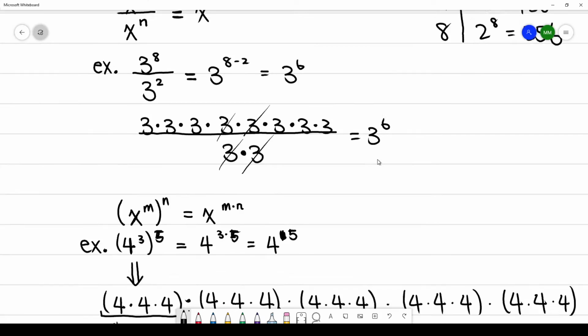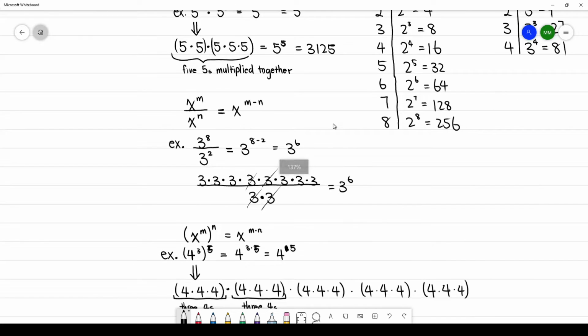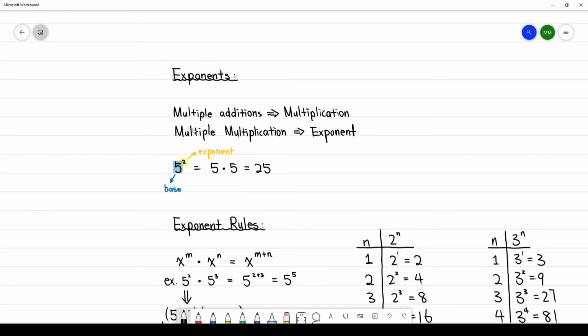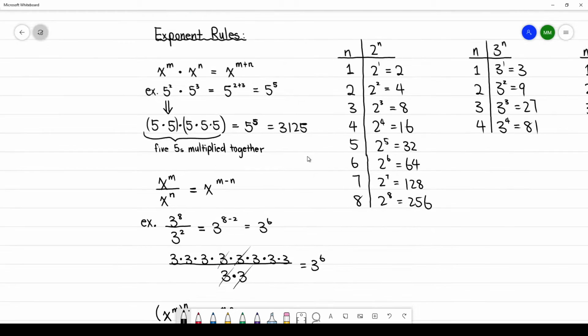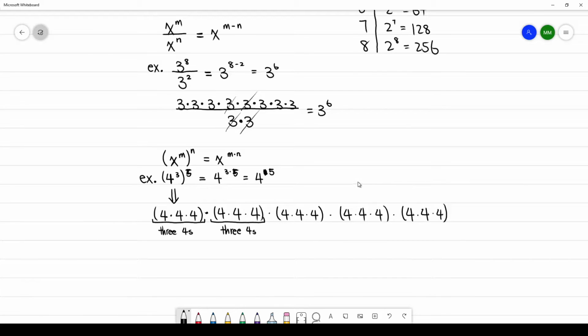But here, it actually becomes multiplication of exponents. So like previously I was saying multiple additions is multiplication and multiple multiplication is exponents. Even within exponents there's a difference between multiplication and addition.